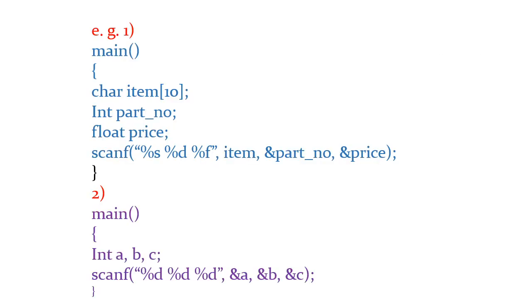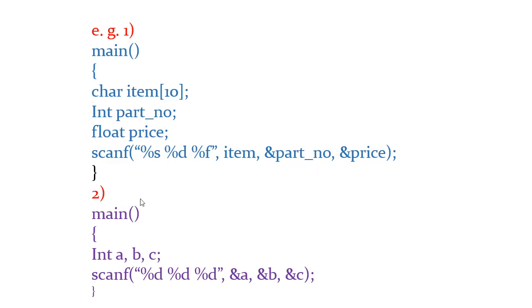So this is a simple program. In main, character item of width 10, integer part number, float price, then scanf with %s, %d, %f for item, part number and price.